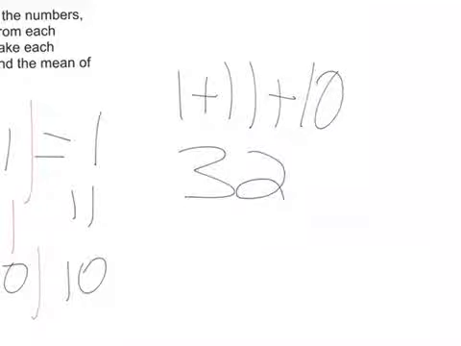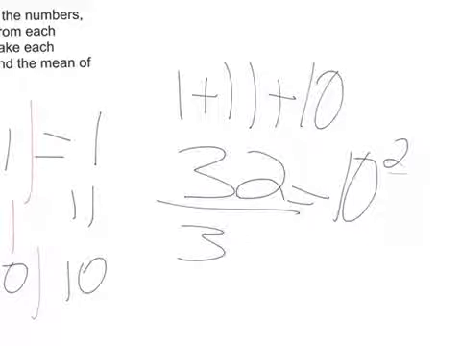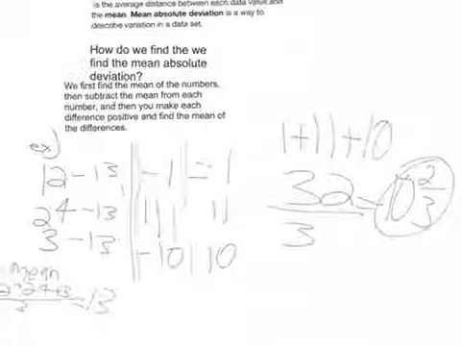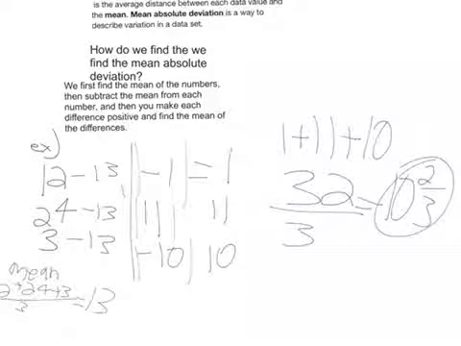And then 22 divided by 3, you can't really simplify, so it gives you 7 and 1/3 as a mixed number. So this will be your answer: 7 and 1/3 is the mean absolute deviation of the data set 12, 24, and 3.